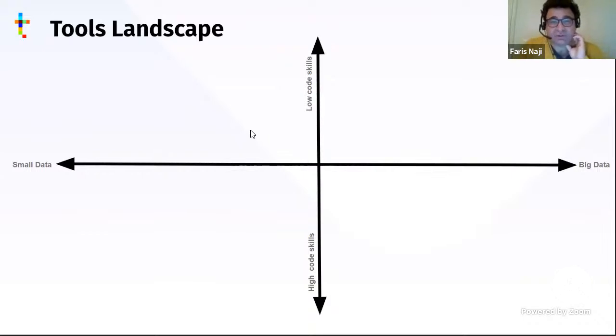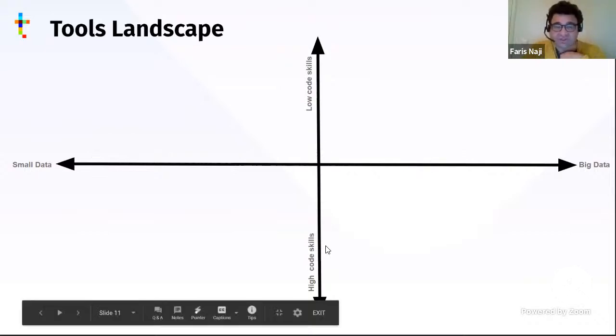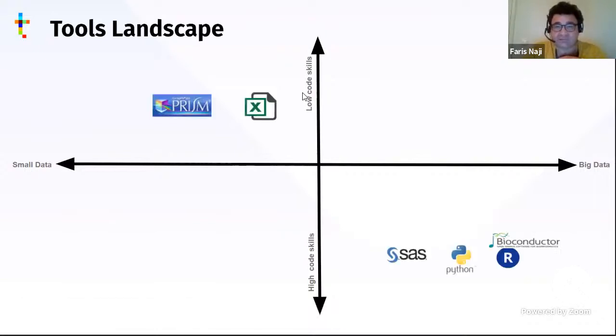Where we basically, in the tools landscape, if you put on the x-axis small data to the left and big data to the right, and you had high coding skill on the bottom and low coding skill on the top, you basically have 2 types of tool sets.